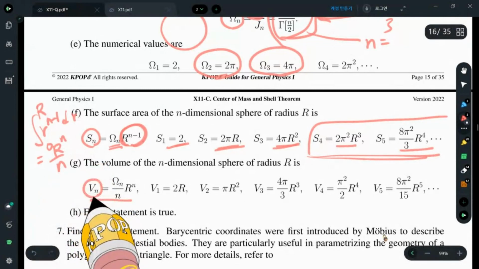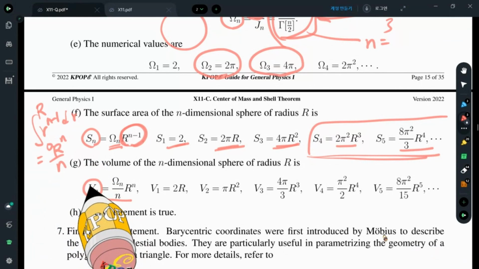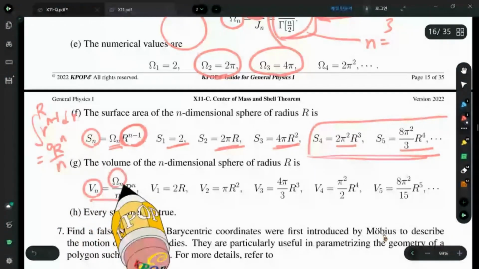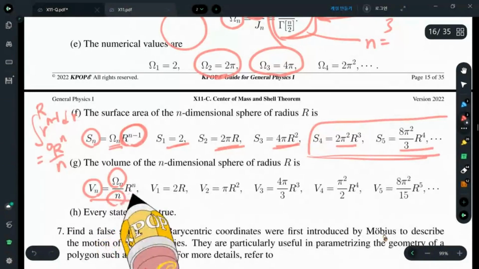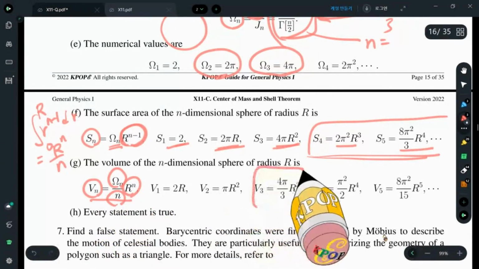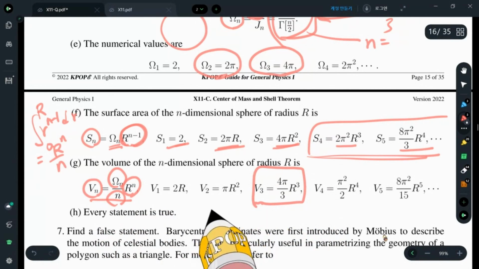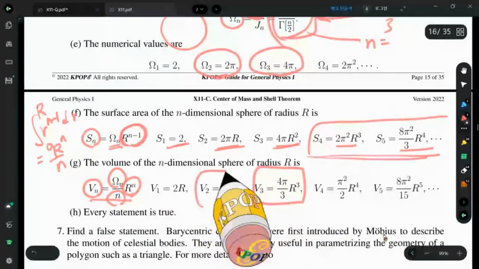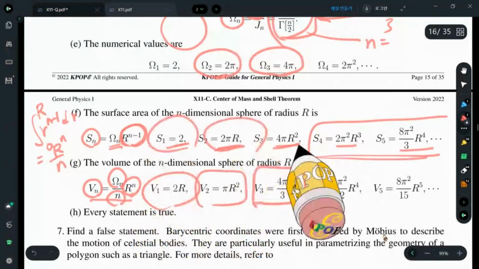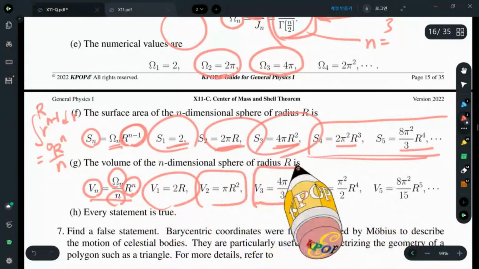So the volume of the n-dimensional sphere in the n-dimensional Euclidean space is the solid angle divided by n and radius to the nth power. And you memorized this long time ago, but now you have mastered how to evaluate all these things. So now it is trivial to you.